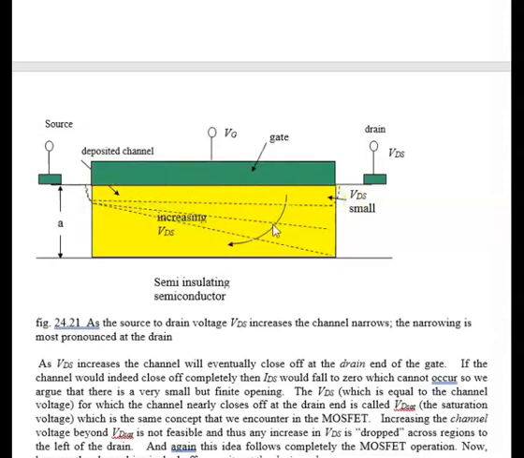But increasing VDS, the slope gets bigger and bigger until finally we reach VDSAT at the pinch-off at the drain edge. This is exactly what we have in a MOSFET.